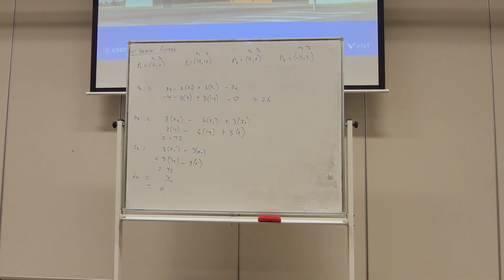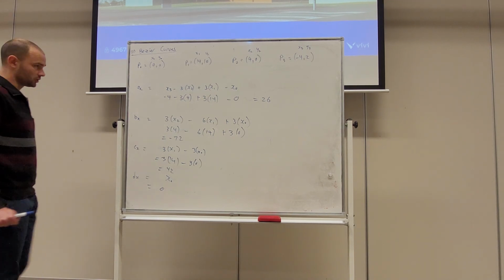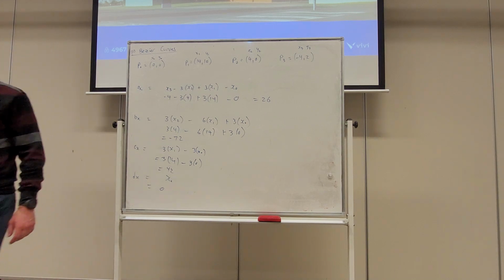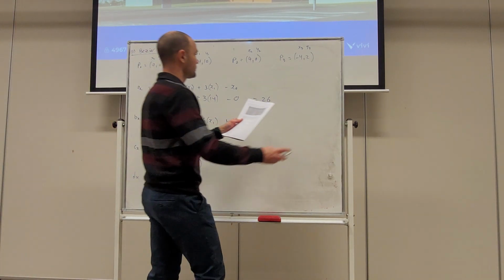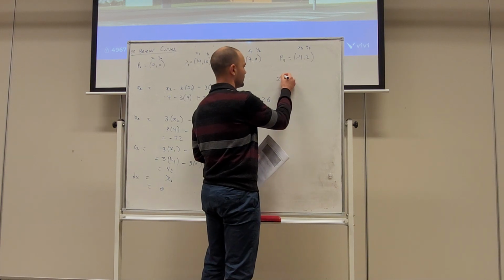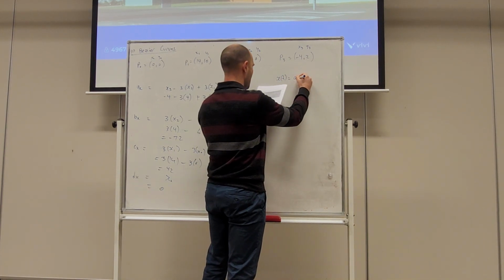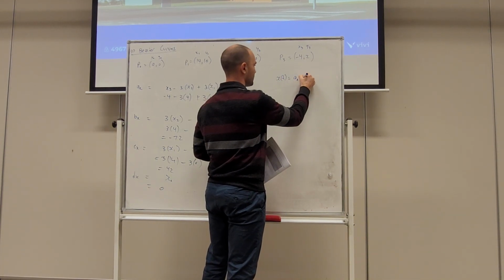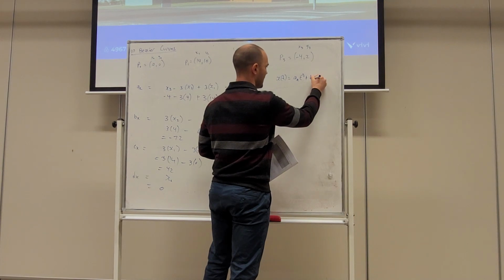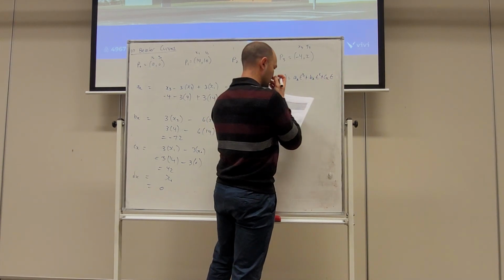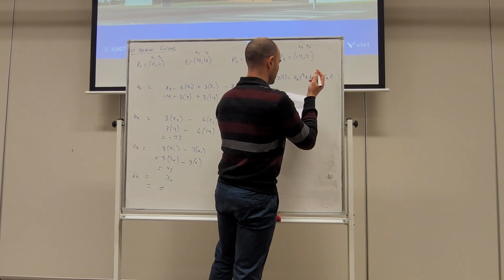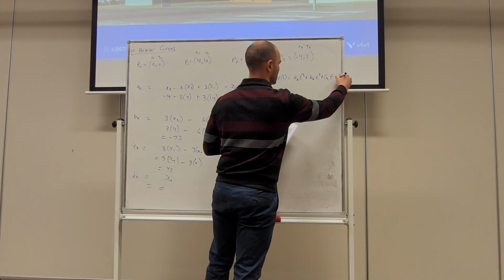Okay, so we've generated all of these coefficients. I'll just point out at the top box we've got x of t equals a_x t cubed plus b_x t squared plus c_x t plus d_x.